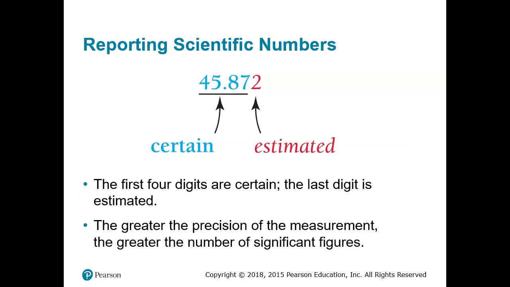First of all, we have to recognize that any scientific number that we report is going to have one uncertain digit, one estimated digit. That estimated digit is always the last digit in the measurement.